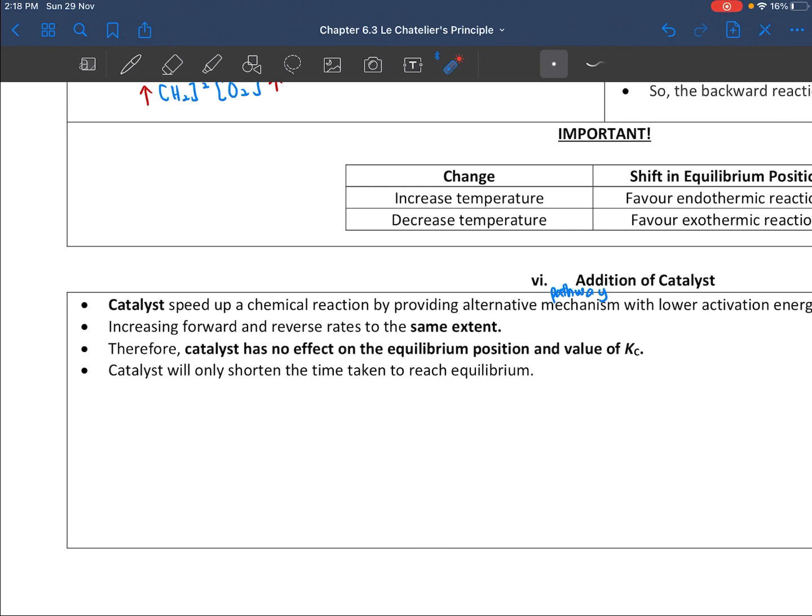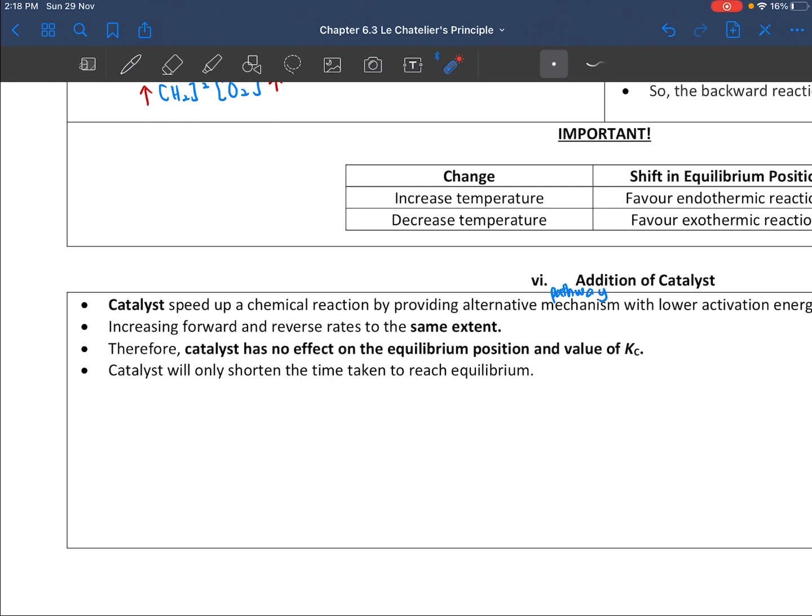That mean kalau rate of forward meningkat 5 kali ganda, rate of reverse pun meningkat sebanyak 5 kali ganda. Okay, so therefore the catalyst has no effect on the equilibrium position and the value of Kc. So kiranya bila peningkatan tu berlaku at the same rate, okay, peningkatan tu sama, so maksudnya dia tak affect equilibrium position lah.